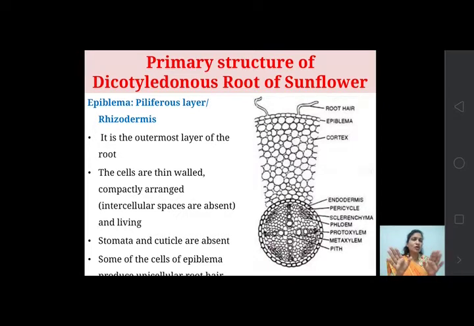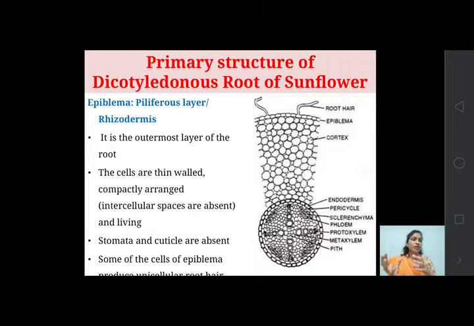There is an absence of cuticle and stomata. Why is there an absence of cuticle and stomata? Because roots do not require gaseous exchange, transpiration and photosynthesis. So the stomata are absent, and the cuticle is also absent because they are not facing the environment directly.